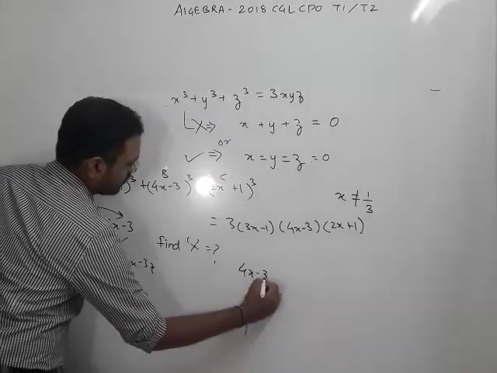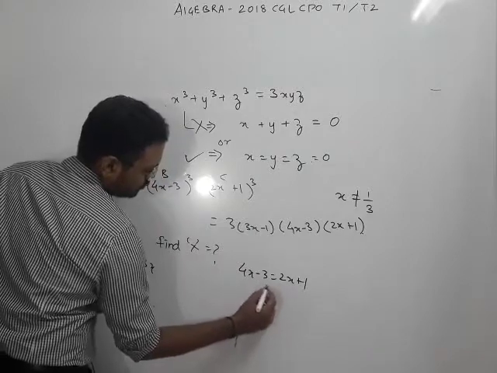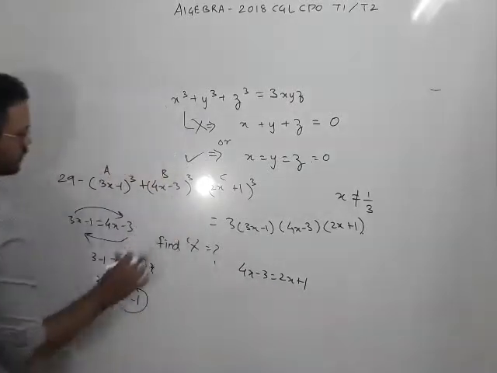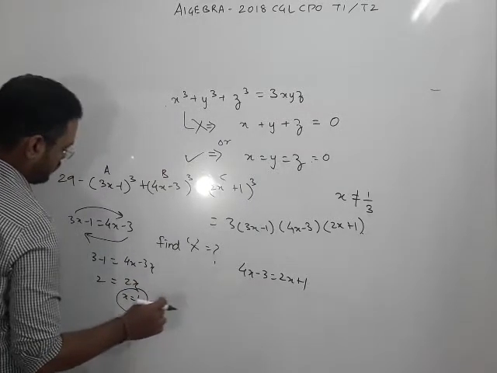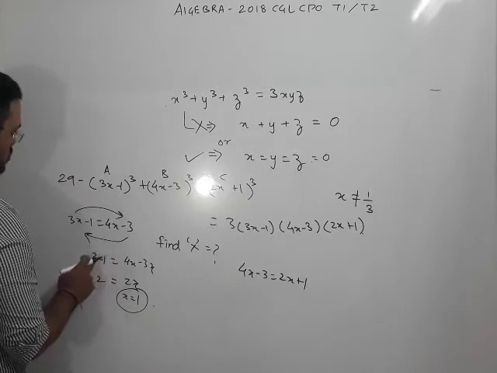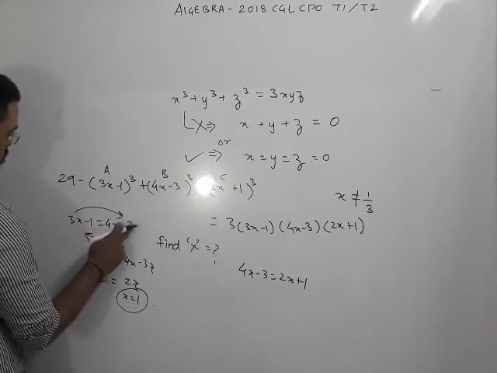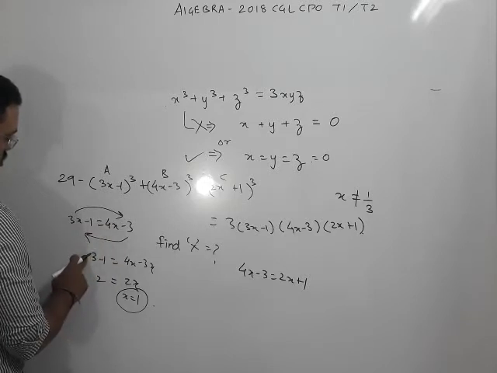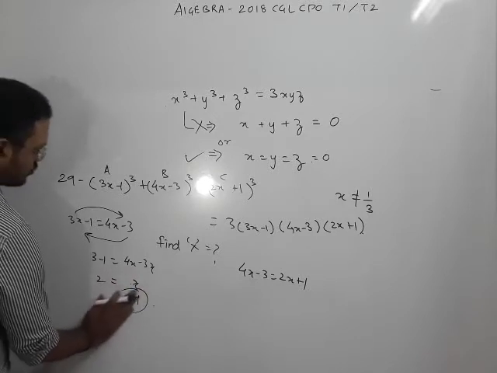4x minus 3 is 2x plus 1. So here it will be 4x minus 3 is equal to 2x plus 1. Here x has become 2.